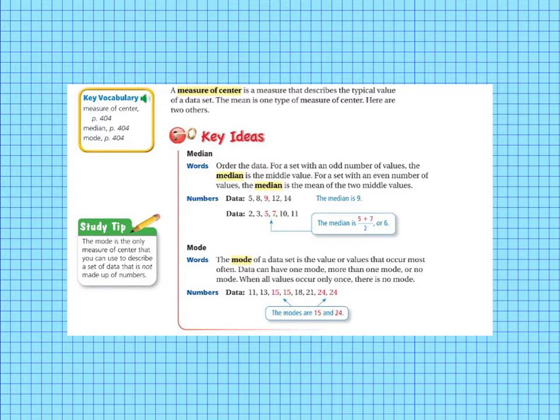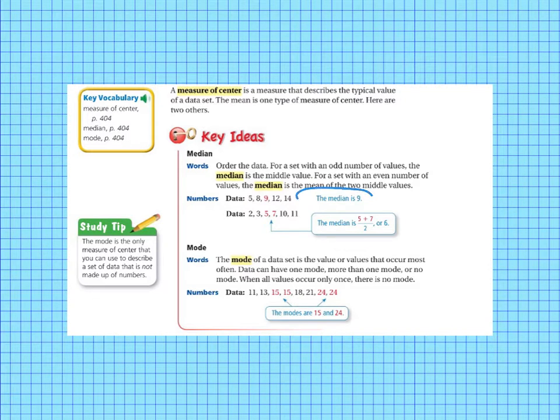So the example here is the data is 5, 8, 9, 12, and 14. So for that set of data, the median is 9 because 9 is the middle value.